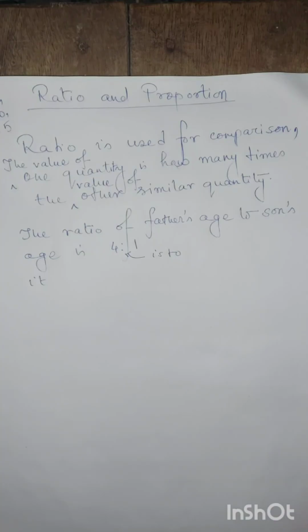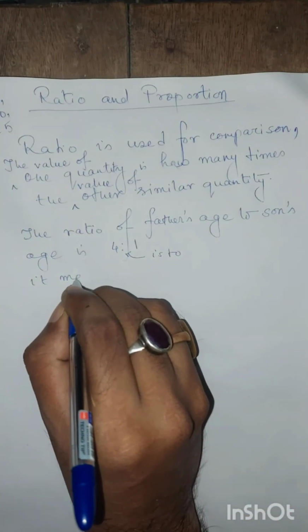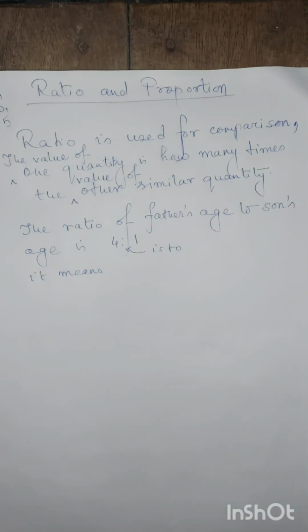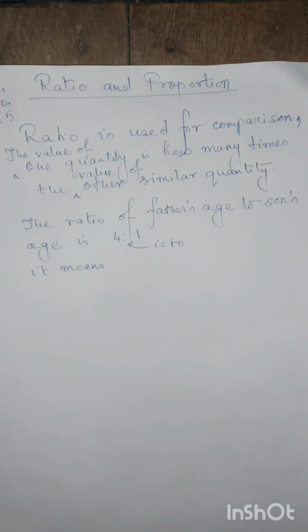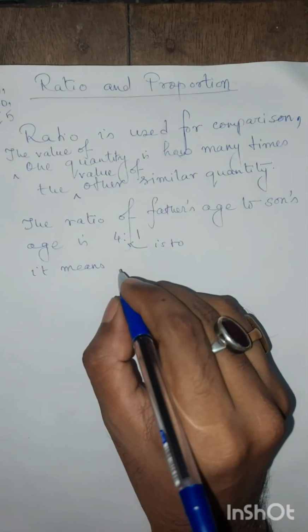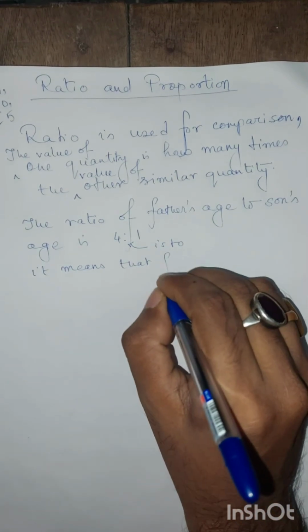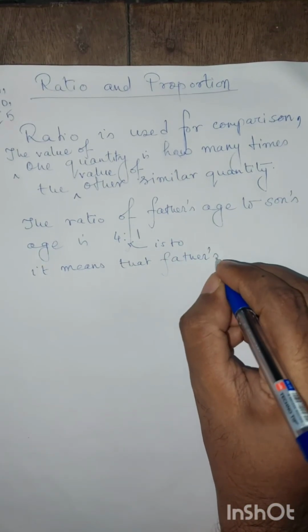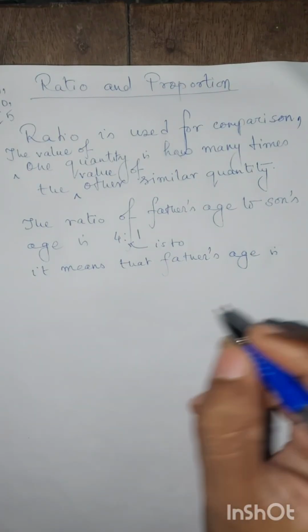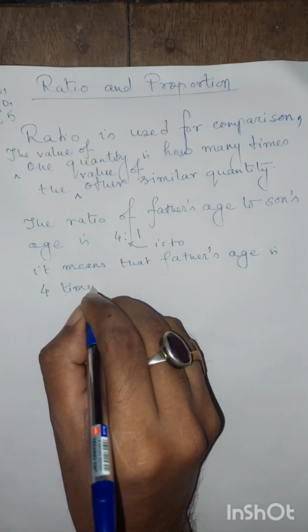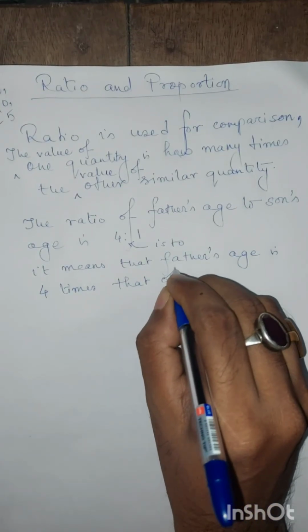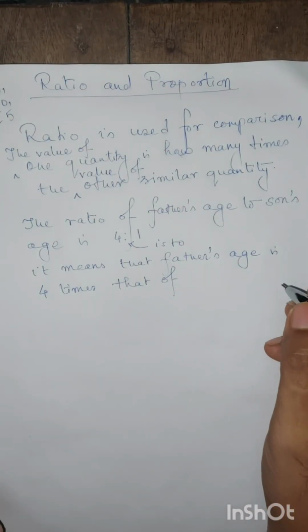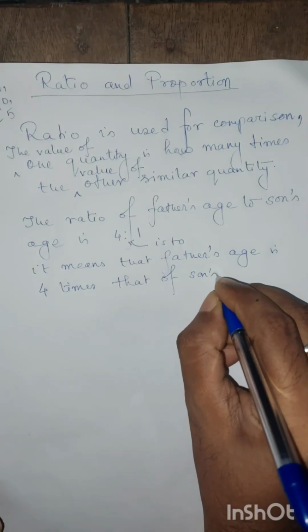If we consider the actual ages are not known, then this ratio simply signifies that father's age is 4 times that of son's age.